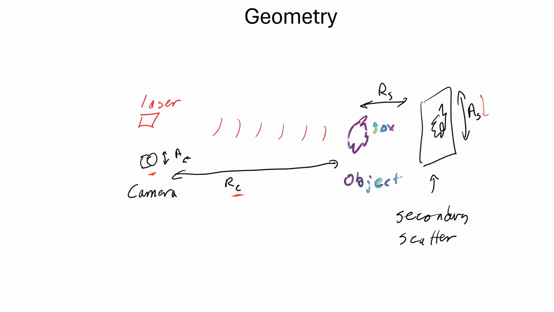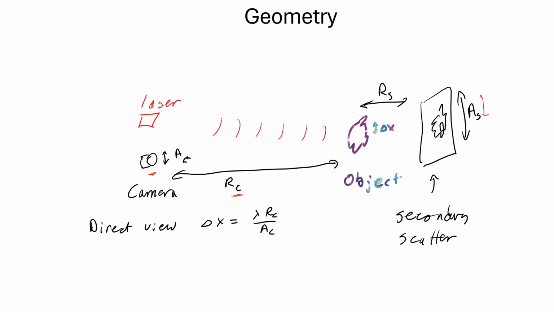So because of being about 50 times closer to the object, it's possible to get about 50 times higher resolution on the object than you would get with the camera itself. In this case, the camera resolution is somewhere in the millimeter range, and we're able to reconstruct somewhere in the range of 15 microns.